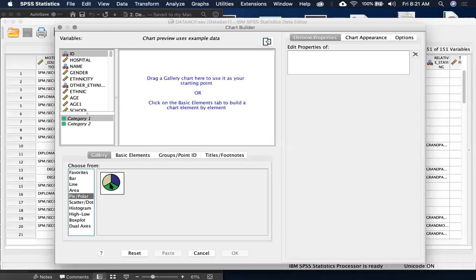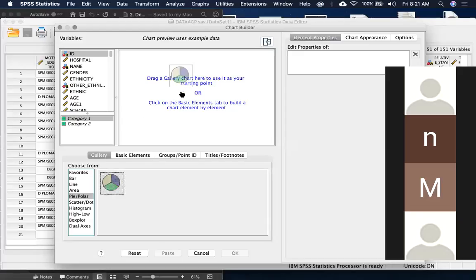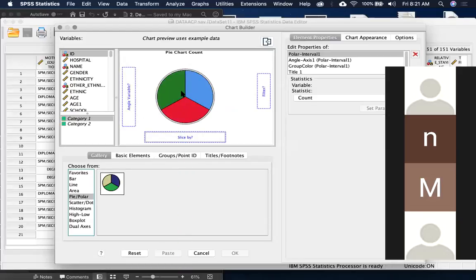So let's say we try this one, pie chart. You can put in, for example, ethnicity. So it's sliced by ethnicity, for example.